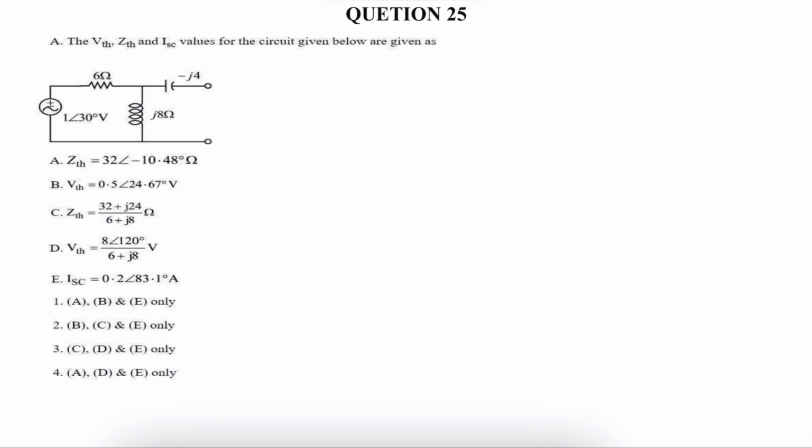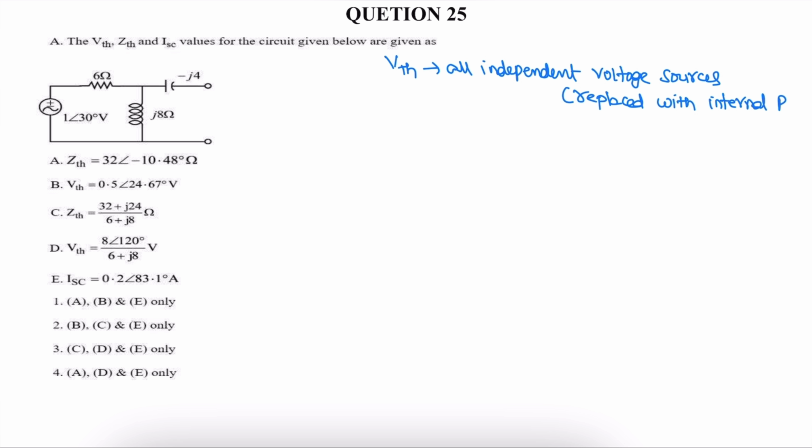While calculating Thevenin's impedance, all independent voltage sources are replaced by their internal resistances, and internal resistances and dependent sources remain as they are.